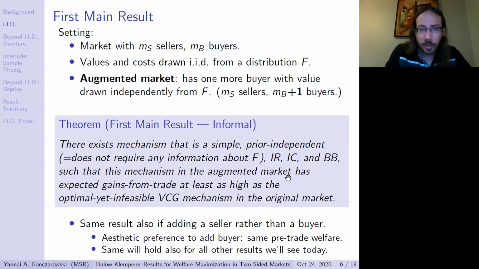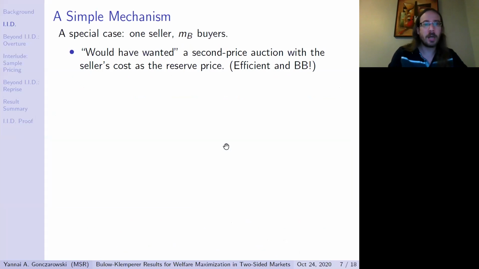So you're probably wondering at this time, what is this simple mechanism? So let's talk about it, and let's start with a simpler case of describing this mechanism for only one seller. So any amount of buyers, one seller, will generalize to several sellers soon. So what you would have wanted is a second price auction with the seller's cost as the reserve, right? Because that's efficient.